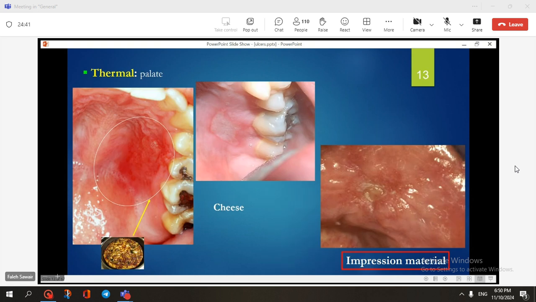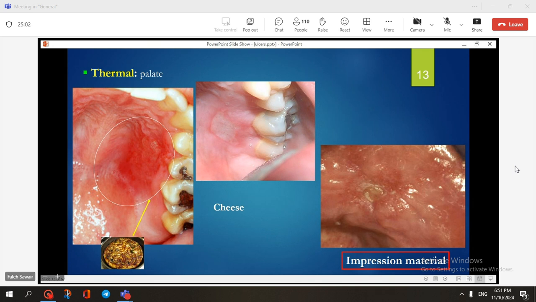Also, thermal things can cause oral ulcers, as expected. If you eat something very hot, it will cause an oral ulcer, particularly in the palate. A common example is called pizza burn.